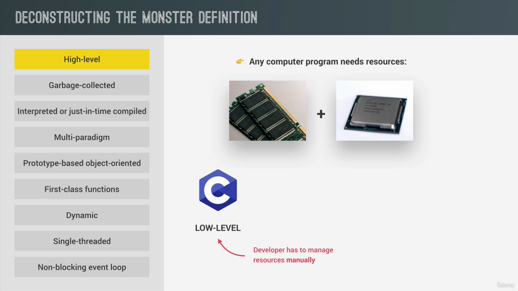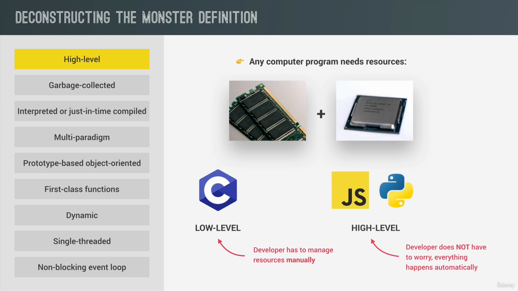On the other side, you have high-level languages, such as JavaScript and Python, where we do not have to manage resources at all, because these languages have so-called abstractions that take all of that work away from us. This makes the language easier to learn and to use, but the downside is that programs will never be as fast or as optimized as, for example, C programs.